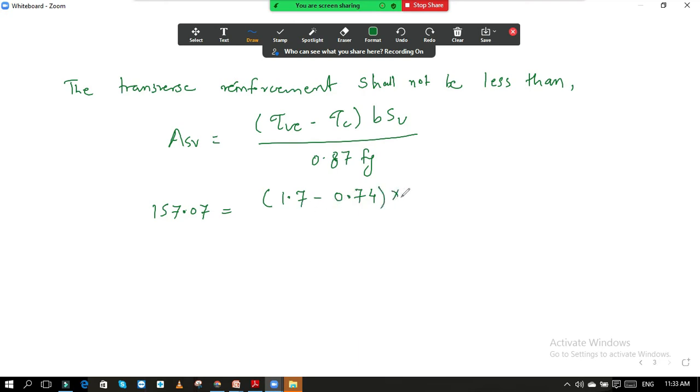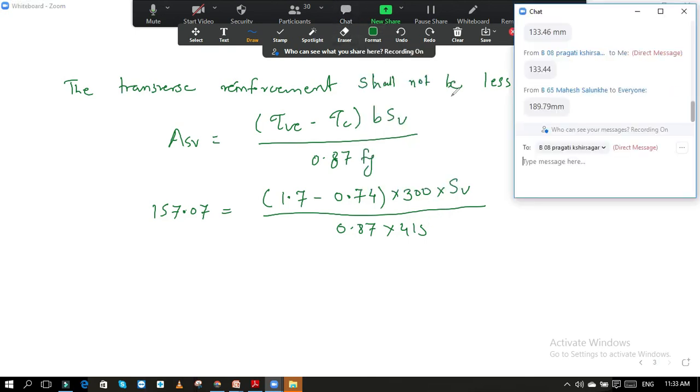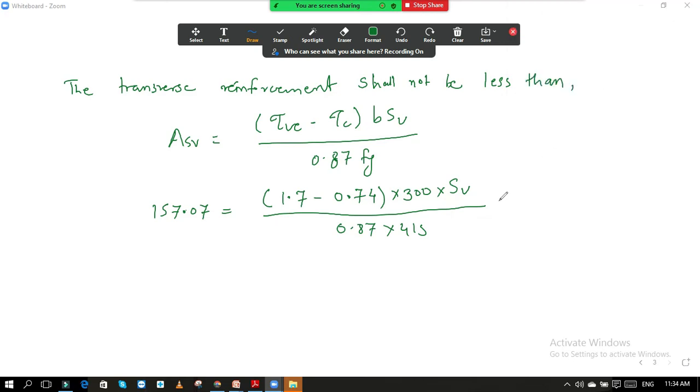B is already known to you. B is 300. SB is as it is divided by 0.87 into 415. The answer is 189.79. So it is 189.79 mm. So we can round up this value to 185 mm.